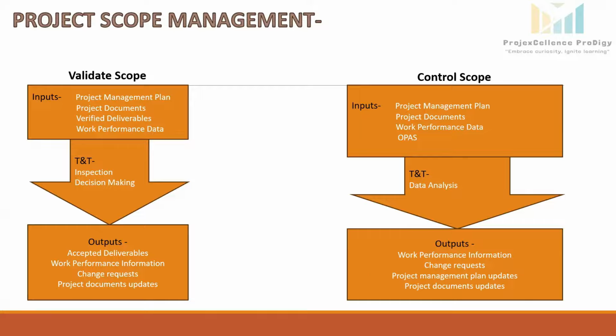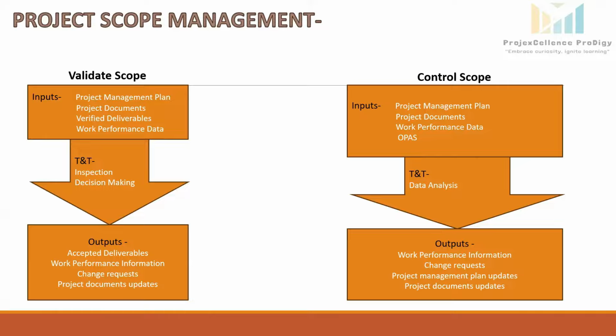Coming to the outputs. Here we are getting accepted deliverables: deliverables that meet the acceptance criteria and are formally signed off by the customer or sponsor. Work performance information includes the information on which deliverables were accepted, which were not, and the reason for rejection.